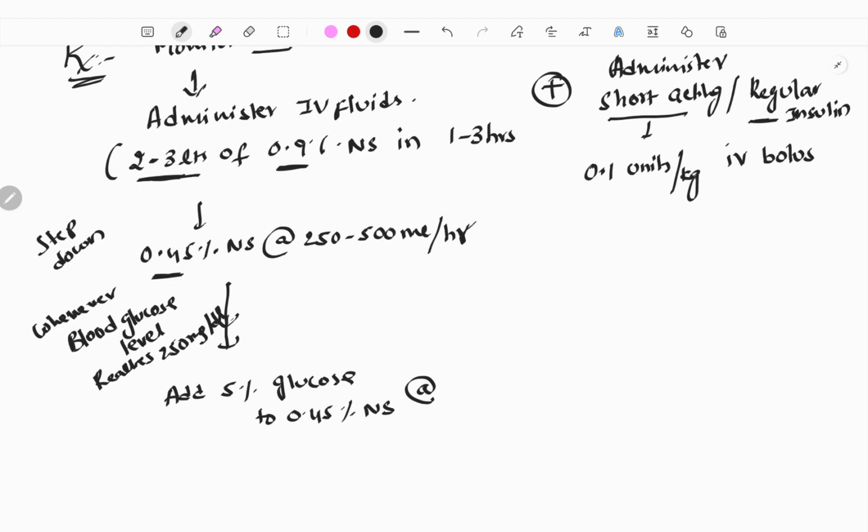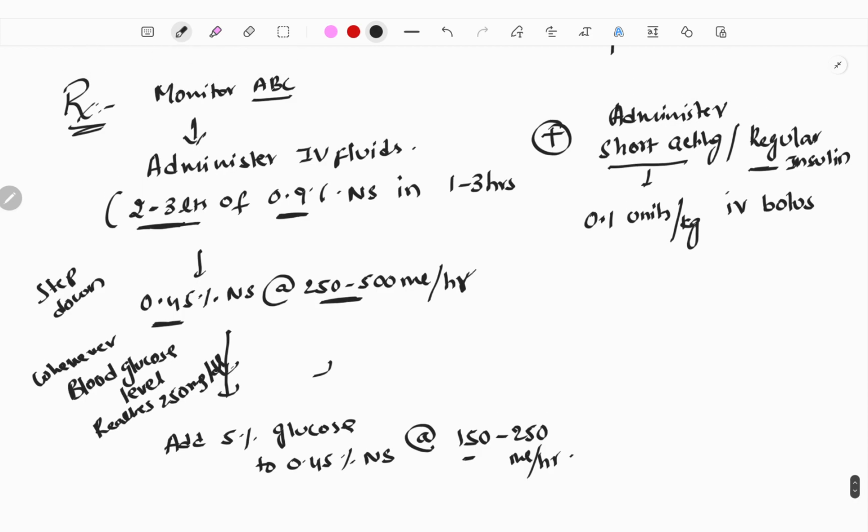And we need to change the rate of giving, from 250 to 500, change it to 150 to 250 ml per hour.